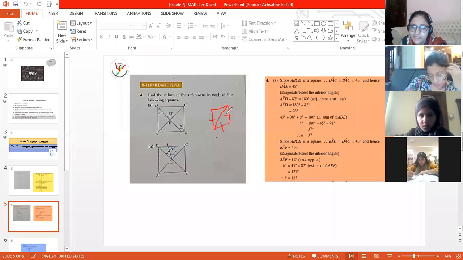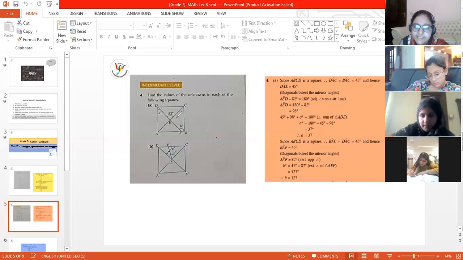And you know the concept that the diagonals bisect the interior angles of the square, and if two diagonals are intersecting, then the midpoint will be where they are meeting. This is the angle of 90 degrees, right? This was the property of the square.